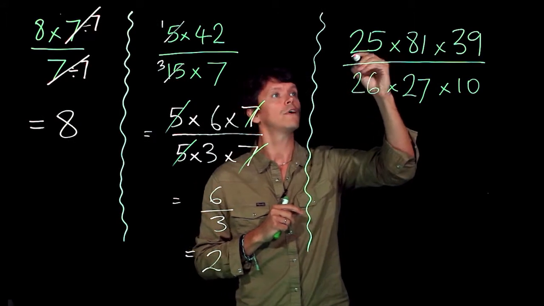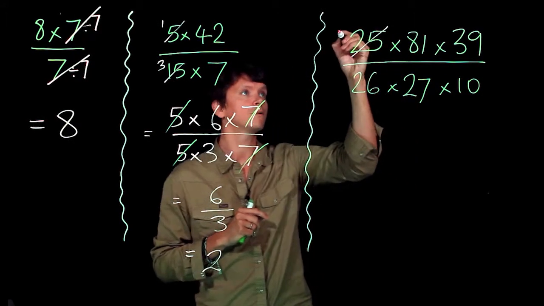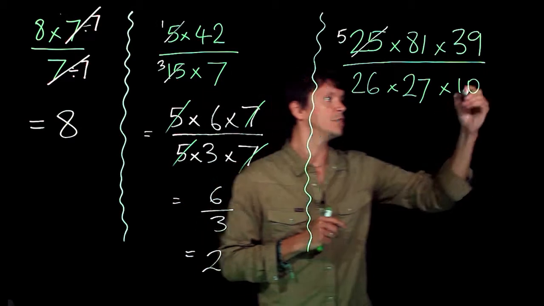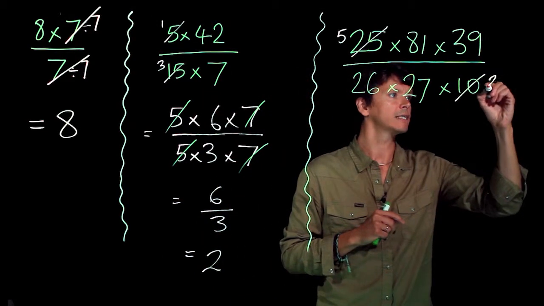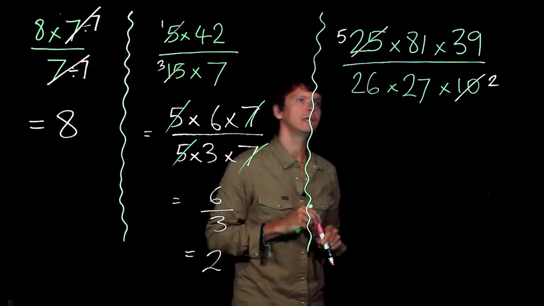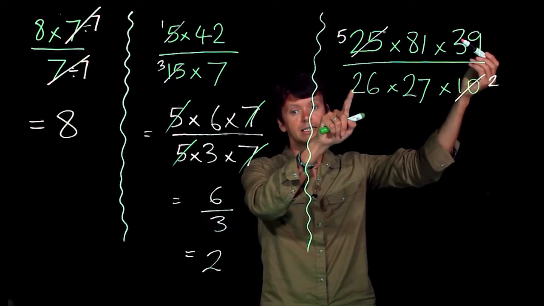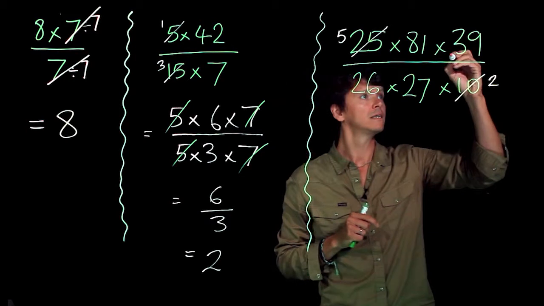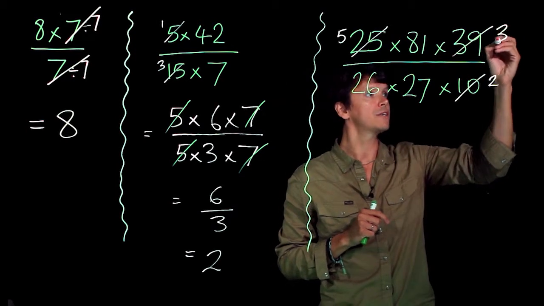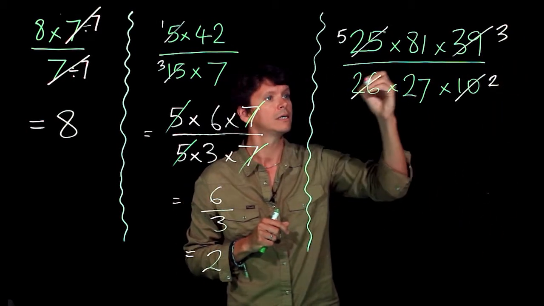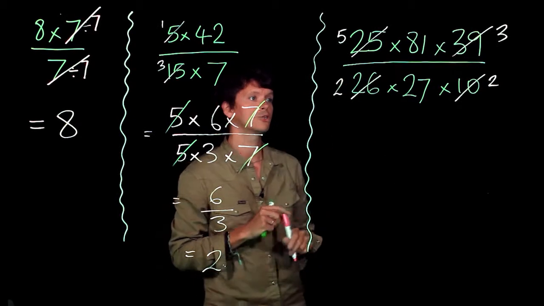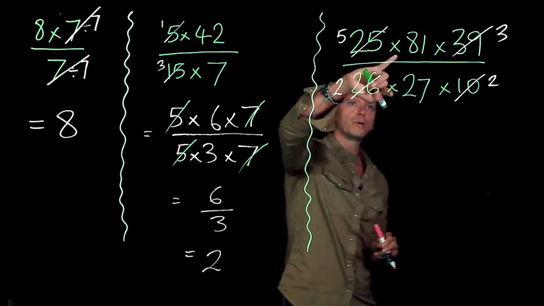So if we were to divide 25 by 5, we get 5. If we divide 10 by 5, we get 2. What else do we have with common factors? 39 and 26. Common factor there is 13. And there are 3 13s in 39. 2 13s in 26.